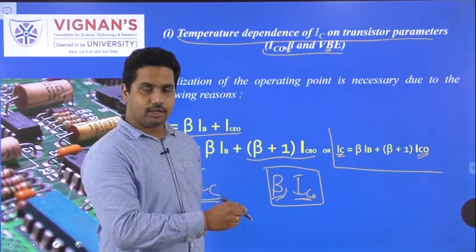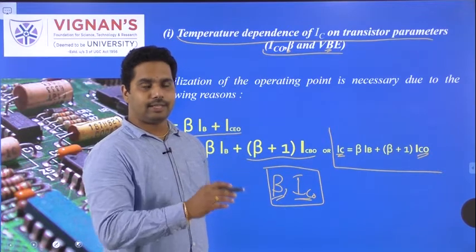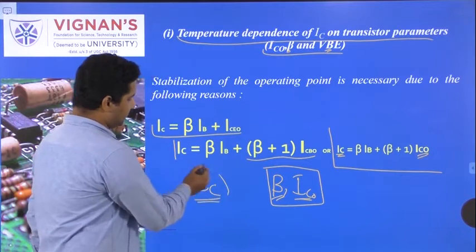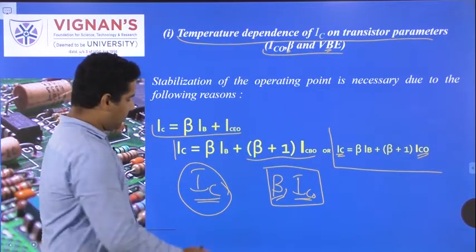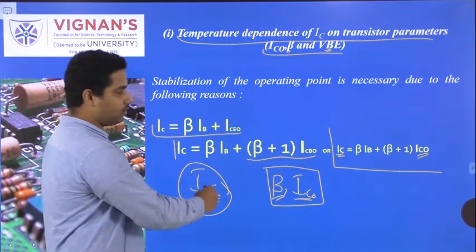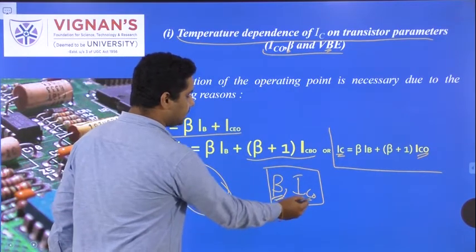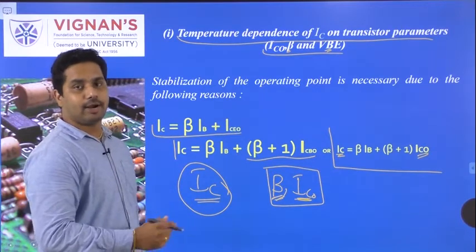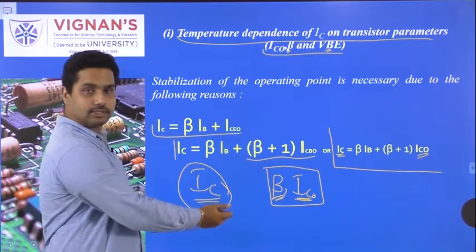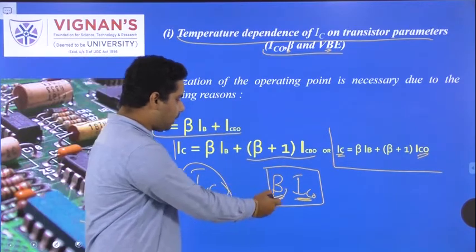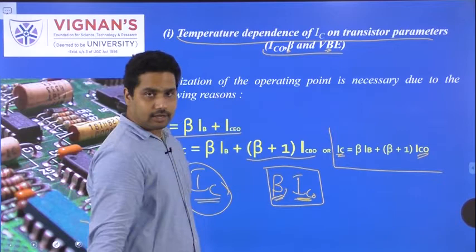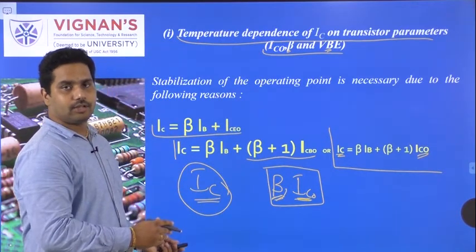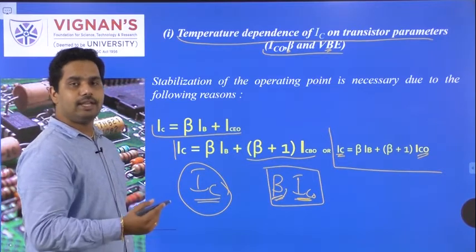So in order to maintain the Q point at the desired point on the load line, we have to make sure that this collector current IC is not varying even though your beta and IC naught are changing. For that purpose only, we have to provide what? Stabilization. We have to stabilize this. Even though variations are happening because of change in beta or leakage current, the collector current should not change. For that purpose, we have to provide stabilization. This is one of the reasons why we need stabilization.